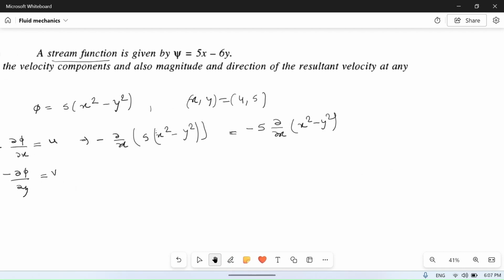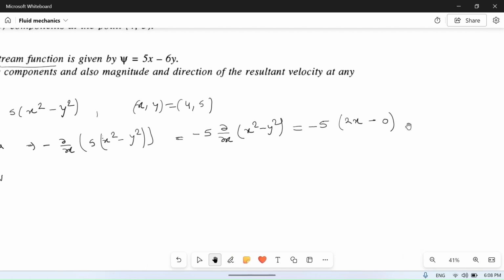Now if we are taking partial derivative with respect to x, then y will become constant, so it will become minus 5 times del x square upon del x is 2x, minus del y square upon del x is 0, because if we are taking partial derivative with respect to x, then only x will be considered as variable and y will become constant. So if we multiply these two, we will get minus 10x.